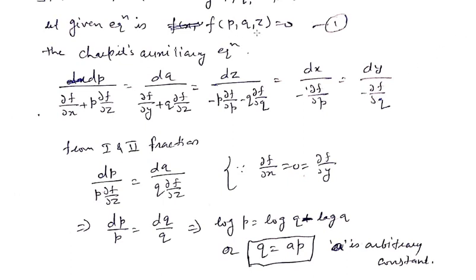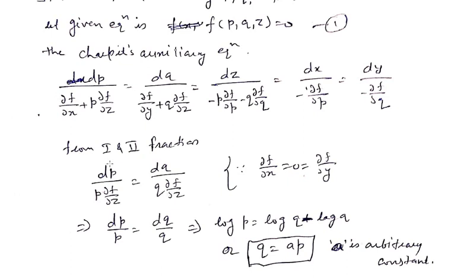As in equation 1, x and y are absent, so the partial derivative of f with respect to x and y will be 0. So the first and second fractions become dp upon p del f upon del z and dq upon q del f upon del z, as del f upon del x equals 0 and del f upon del y equals 0.